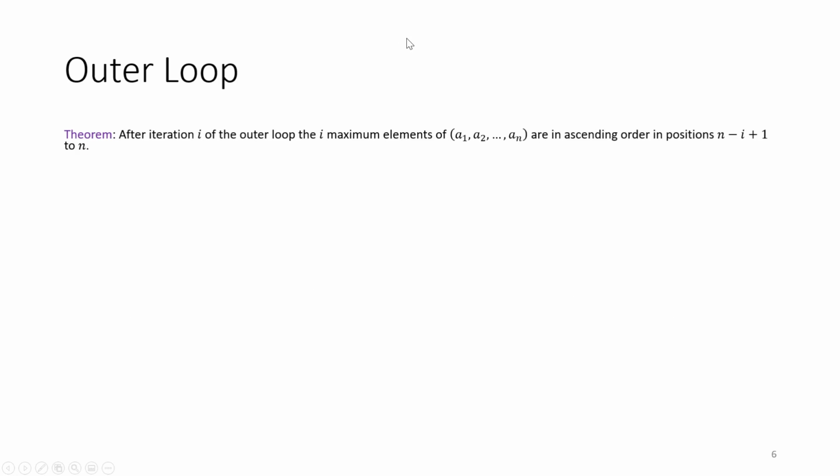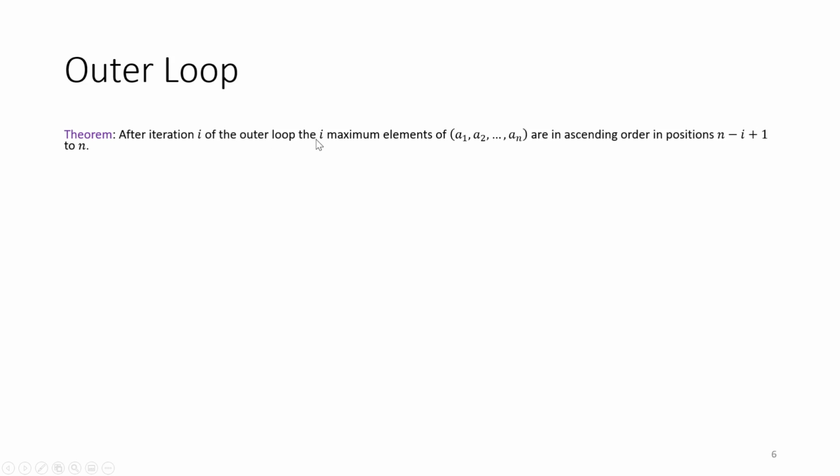Let's see if we can reformalize that outer one. The outer one that we had before was something like: the i maximum elements are in the i right positions. Formalizing that means characterizing it exactly. What do we mean by the i right positions, or the i maximum elements? The beginning of this is pretty standard: after iteration i. Here I'm just identifying which loop, because we have two of them.